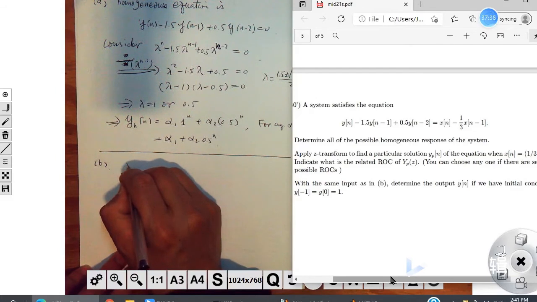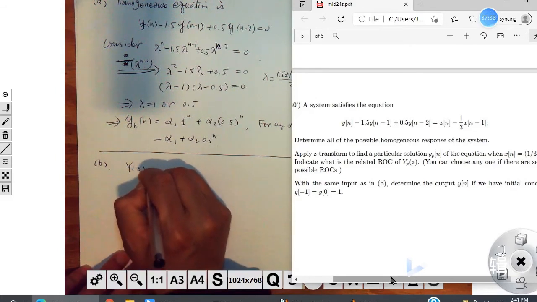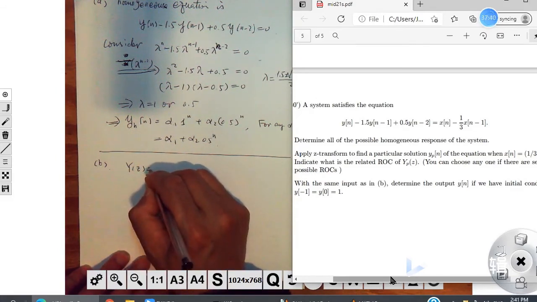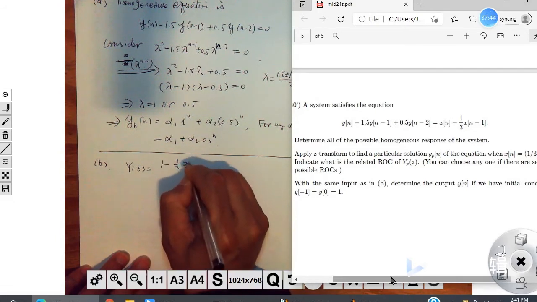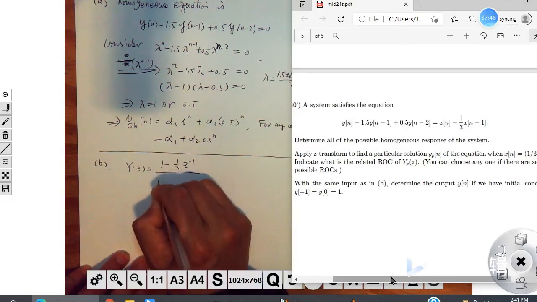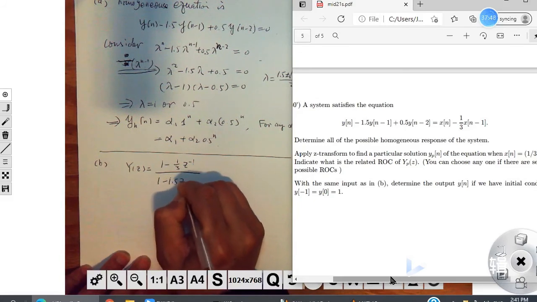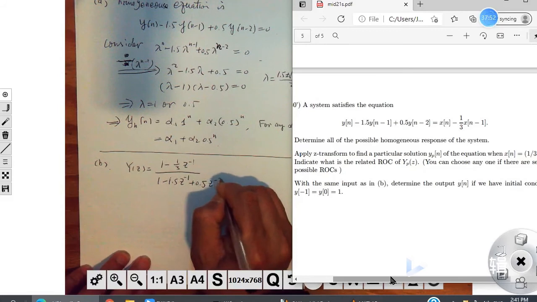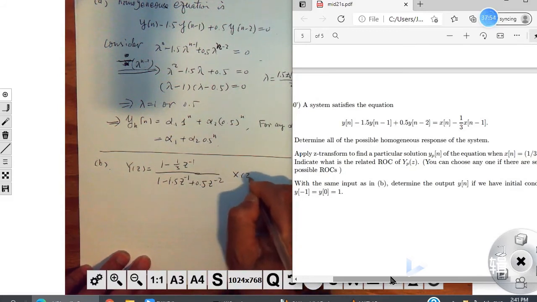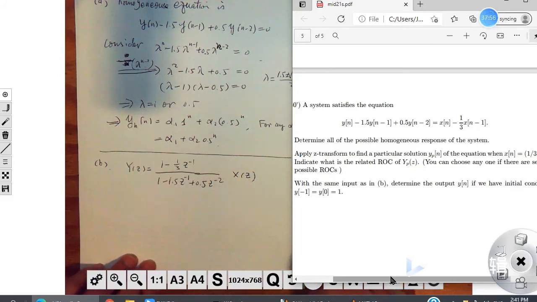We know Y of z will be 1 minus 1/3 z to negative 1 over 1 minus 1.5 z to negative 1 plus 0.5 z to negative 2, times X of z. We have these.